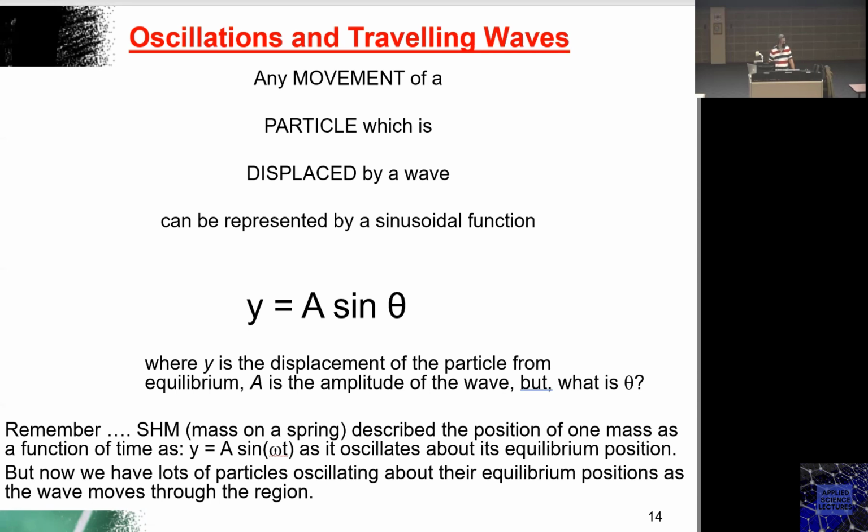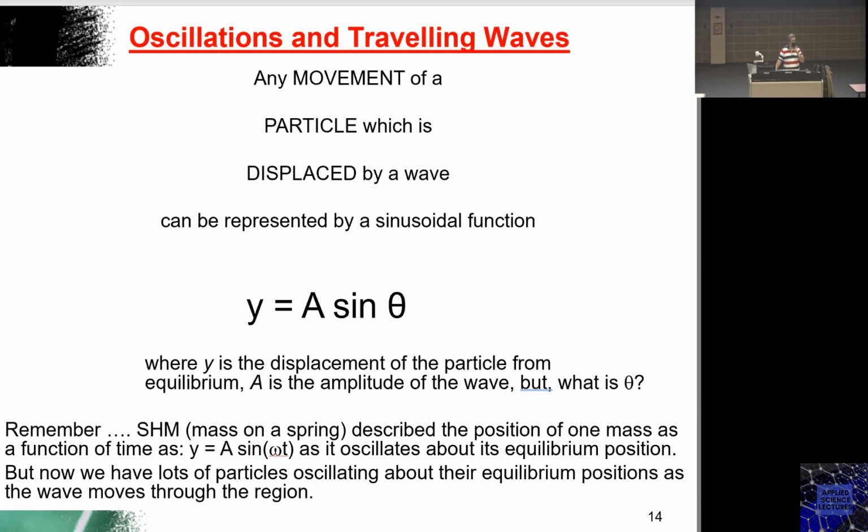In this case, I can represent the displacement that's happening in the medium by the variable y, where A is the amplitude and the sine is the function that represents the periodic function. However, theta in this case, as we will see in more detail later on, is a function of space and time.